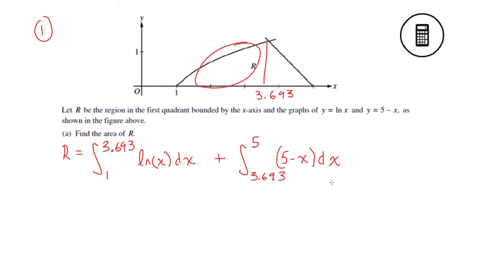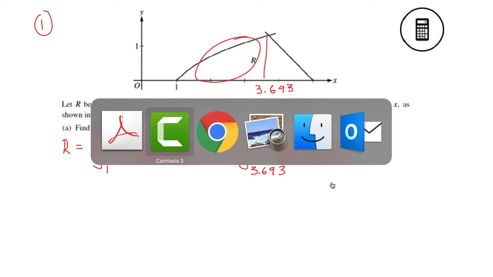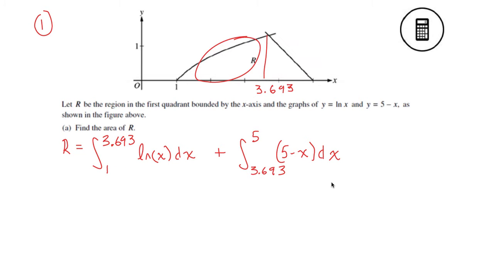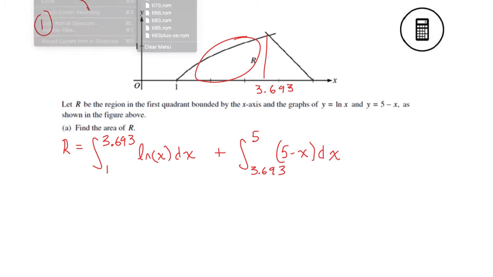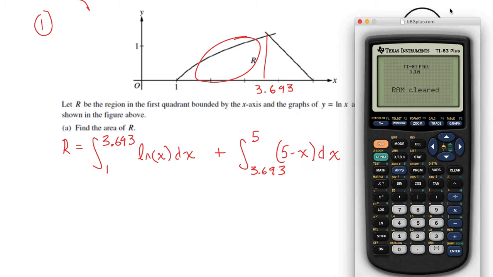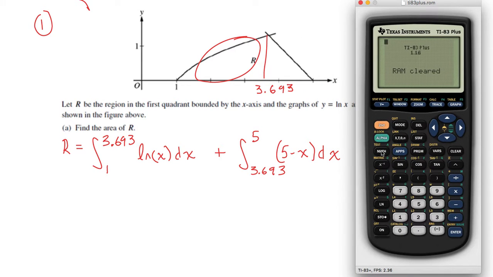Okay, when you do that on your calculator, I'll show us how to do that super fast. File, open recent, TI-83 plus. All right, so I'm going to do math 9, the integral of natural log of x with respect to x, from 1 to 3.693.